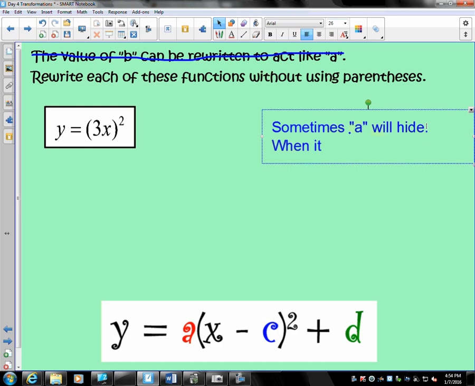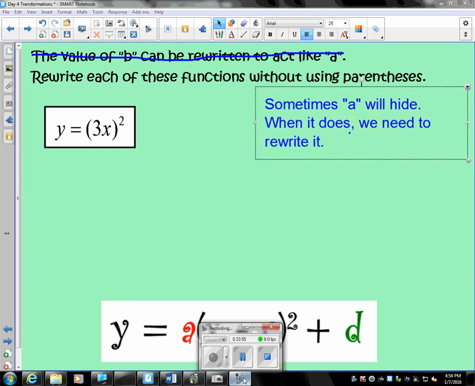When it does, we need to rewrite it. Okay, so again, cross this part out and rewrite this right here.